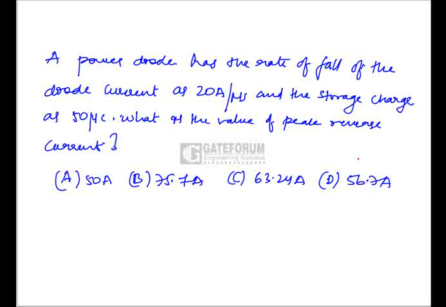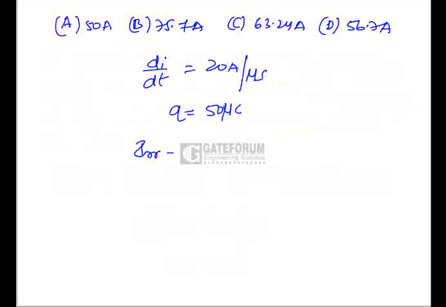A power diode has rate of fall of the diode current as 20 amperes per microsecond. He has given di by dt equal to 20 amperes per microsecond, and the storage charge Q equal to 50 microcoulomb. Now what is the peak reverse current? Peak reverse current IRR is given as square root of 2Q into di by dt.